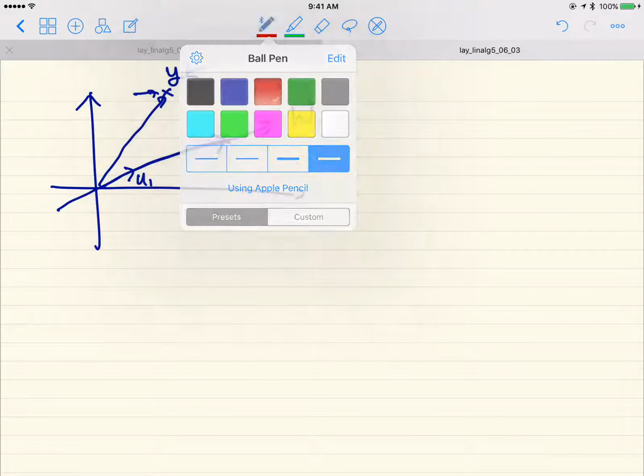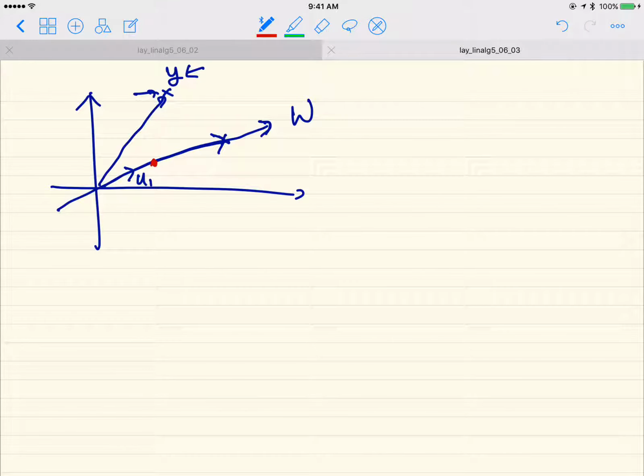And you can choose another vector, maybe this vector, and then this vector Y became this vector approximately. These vectors are all inside of subspace W, but they are now approximately representing the original vector Y. Which vector among all the vectors of subspace W is the best approximation of the original vector Y?